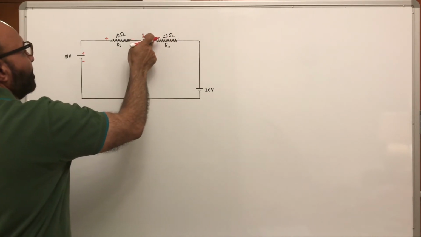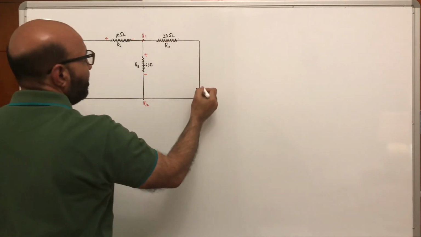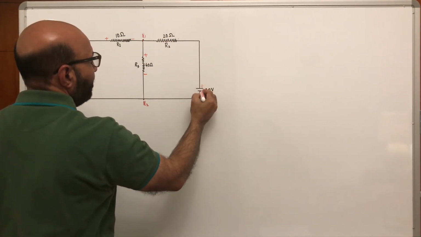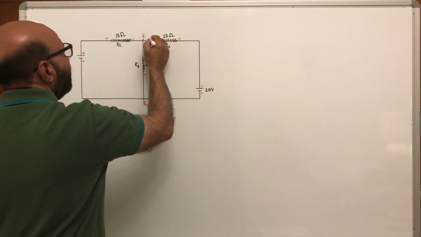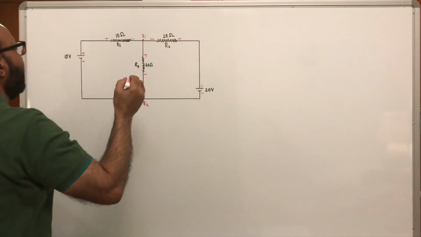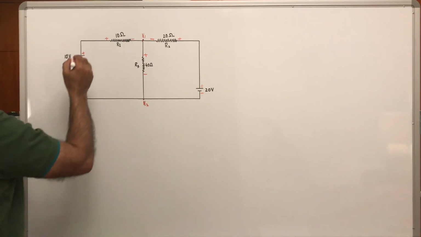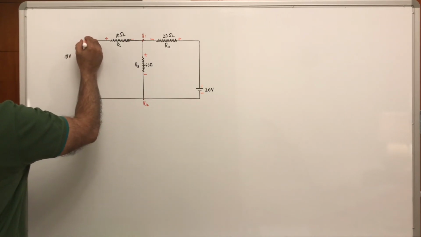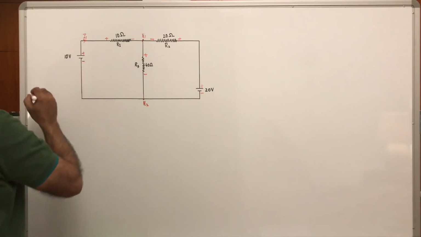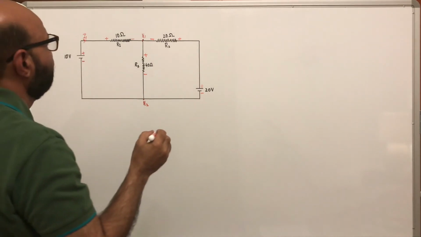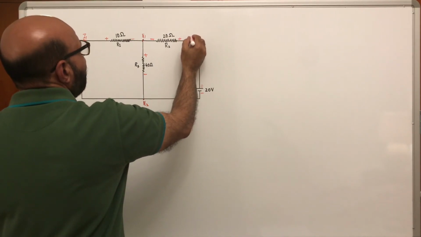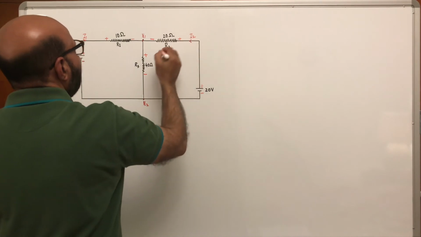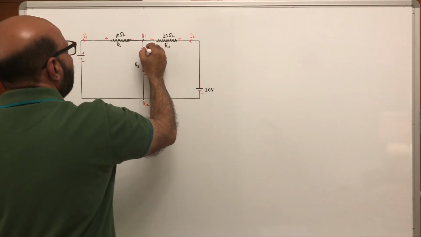Wait, since this is positive, this must be positive and this one is negative. So it means that the direction of the current I1 is, this is I1, this is I2, and this is I3.